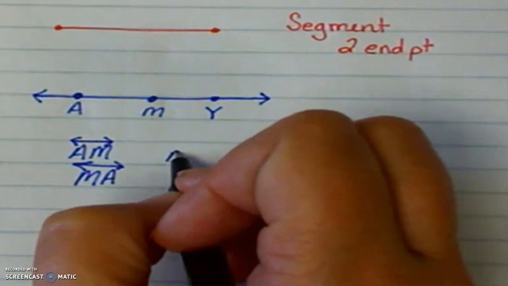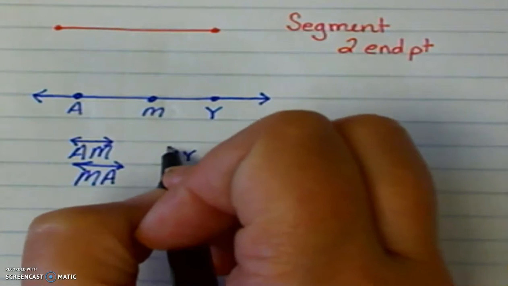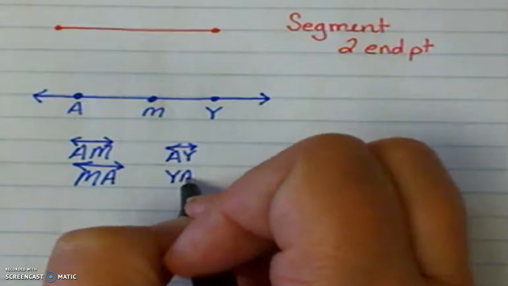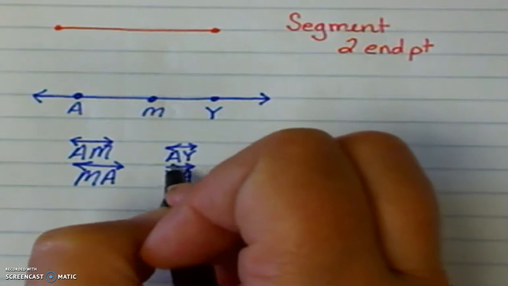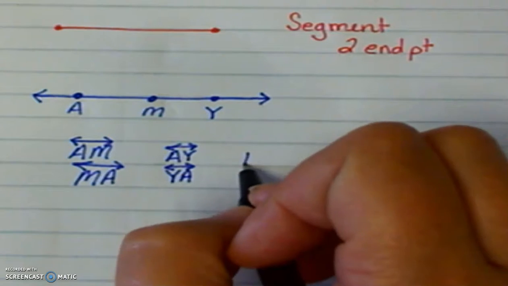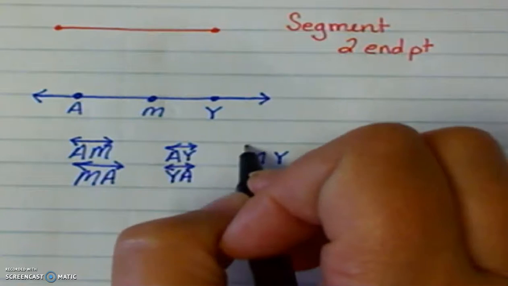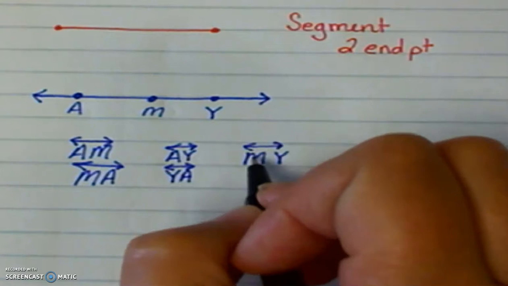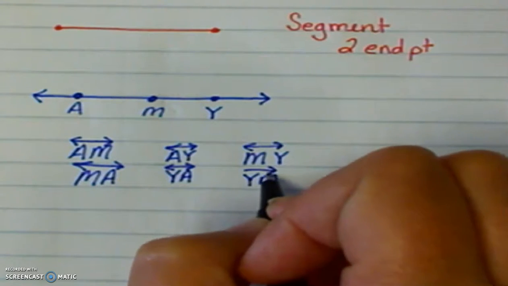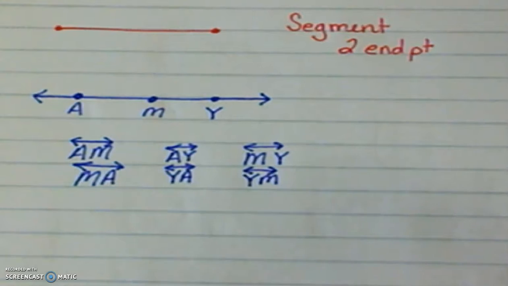We could also call it line AY or line YA. All of these are referring to this particular line that I have drawn for you. You could also say it's line MY, or you could call it line YM. So any two of the letters in any order are going to name that line for you.